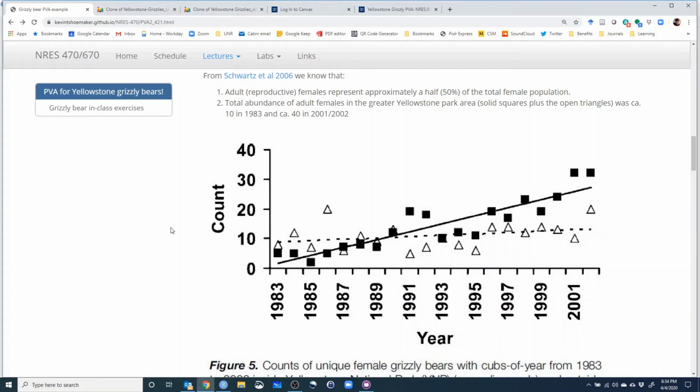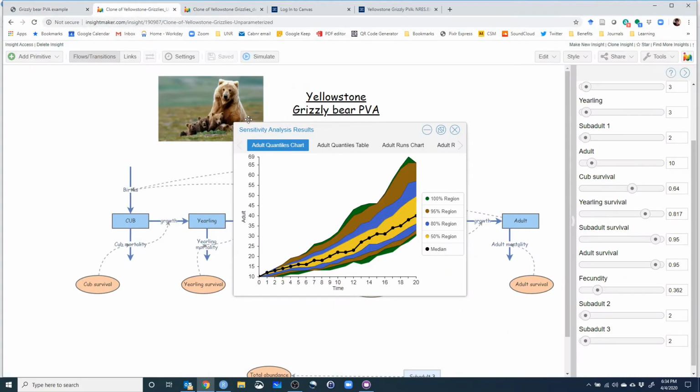Is that realistic, that 20 years later there were 55 females in the greater Yellowstone area? Well, let's look at that. Where's 55? It's about here. It's not bad. There could easily be 55. It's within the realm of possibility that there could be 55.